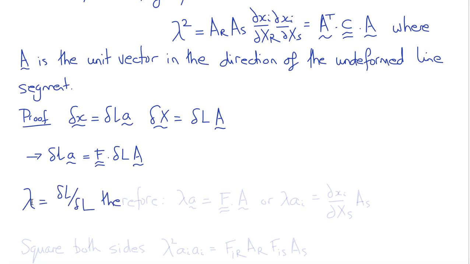Now, using the fact that the stretch ratio lambda is delta little l over delta big L, then we can rewrite this expression as lambda a equals F times A, or in index notation, lambda a_i equals del x_i del X_S times A_S.